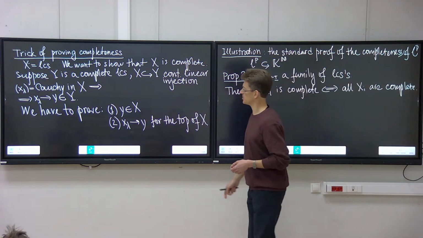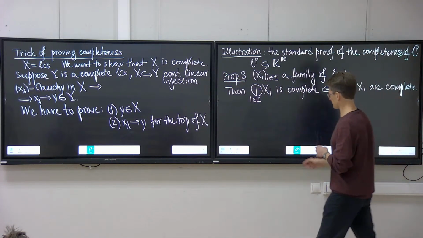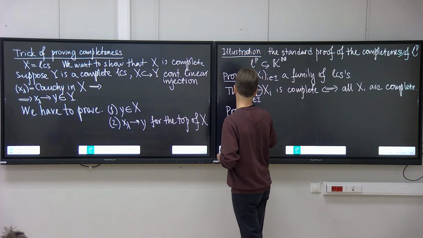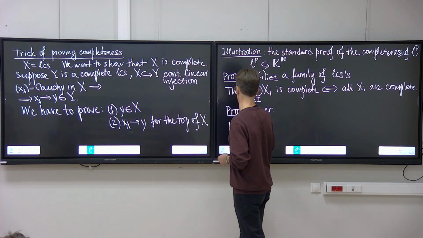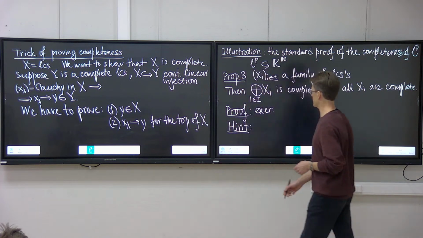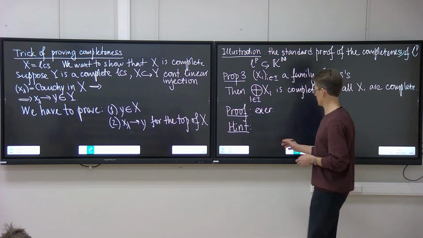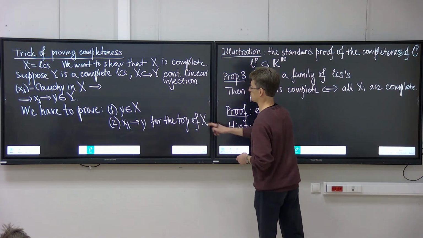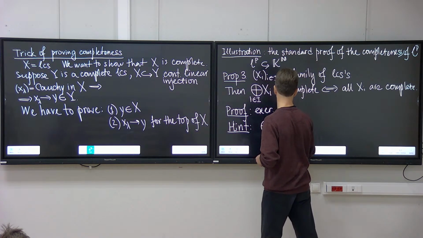So in some sense, the situation is the same as the case of products. The proof is again an exercise for you, but it is not so straightforward as in the case of product. So I'll give you a hint. To prove the completeness of the locally convex direct sum, you apply this trick to the inclusion of the locally convex direct sum into their product.